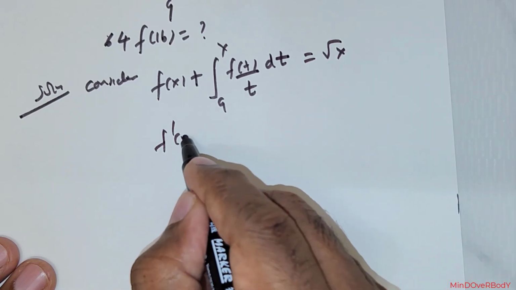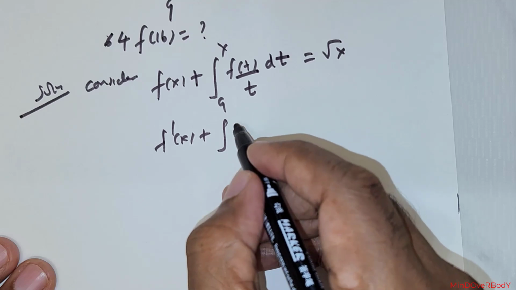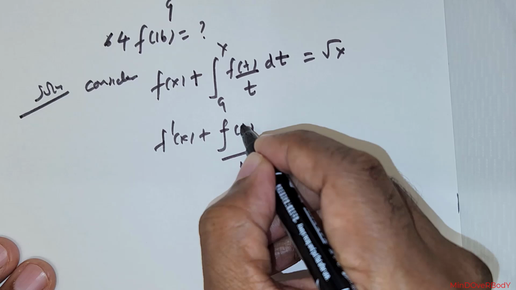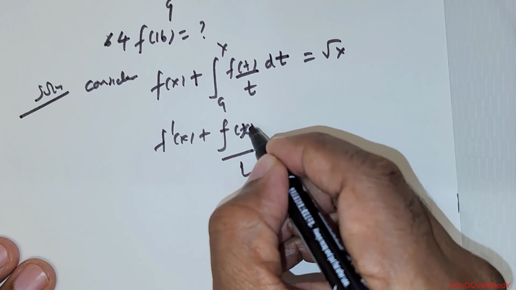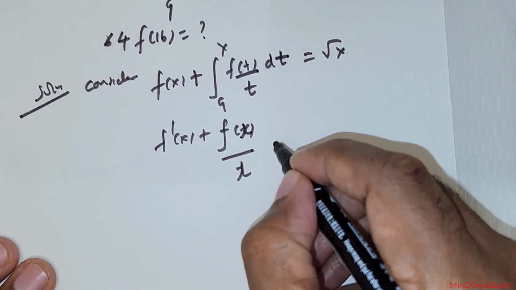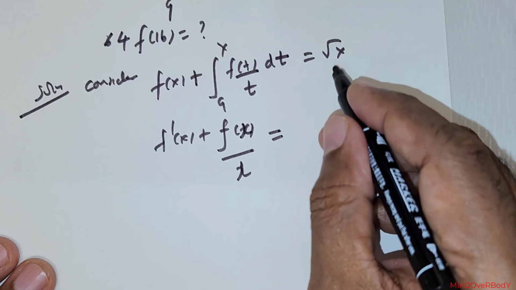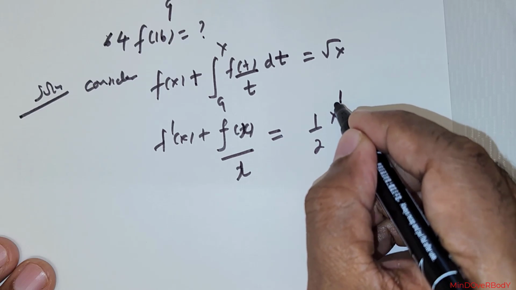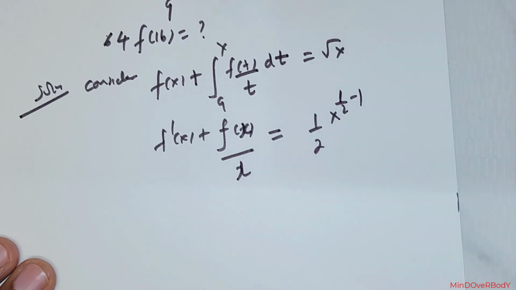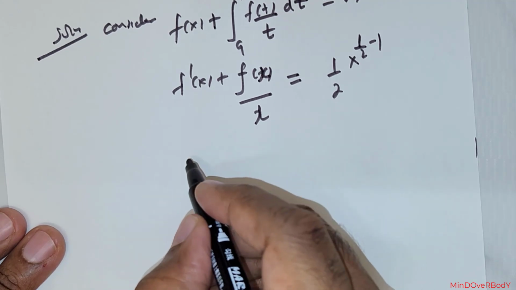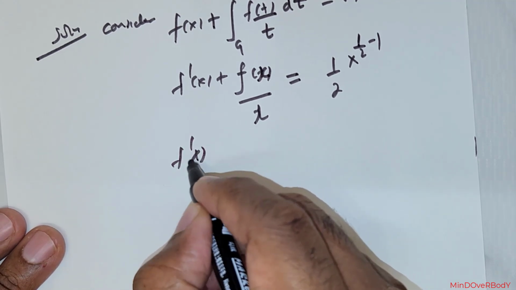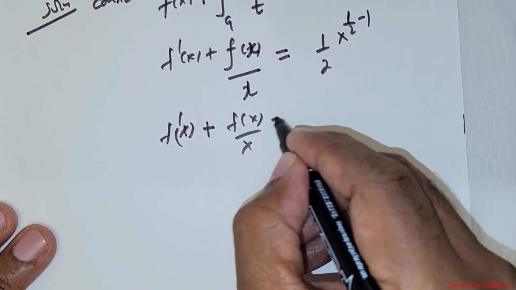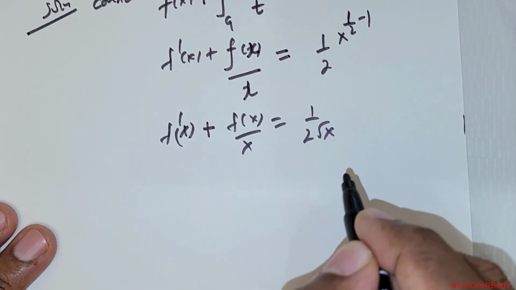I differentiate, I get f dash of x plus f of x over x is equal to, when you differentiate this you get 1 over 2 times x raised to the power of 1 over 2 minus 1. So this is rewritten as f dash of x plus f of x over x is equal to 1 over 2 times root of x.